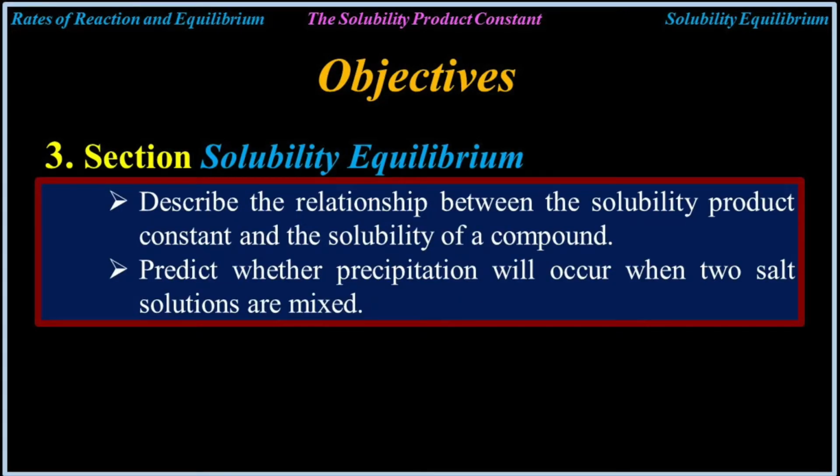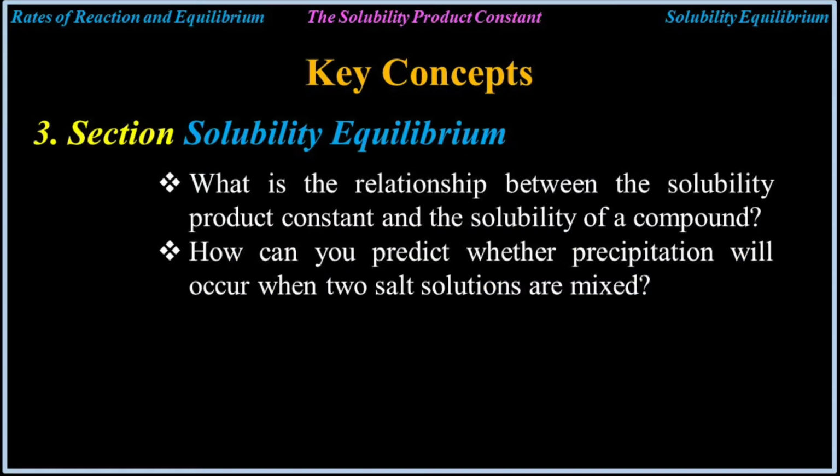Section 3, solubility equilibrium. Describe the relationship between the solubility product constant and the solubility of a compound. Predict whether precipitation will occur when two salt solutions are mixed. This is section 3, solubility equilibrium. Here are the key concepts.